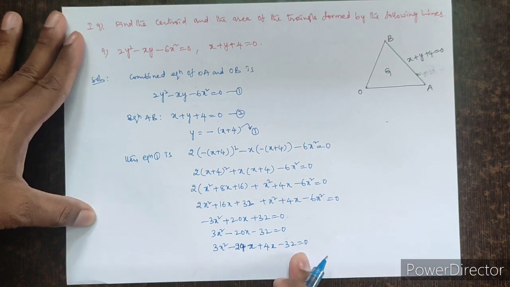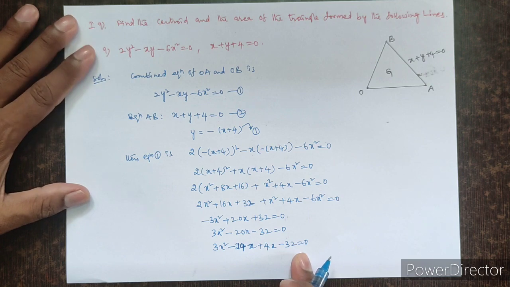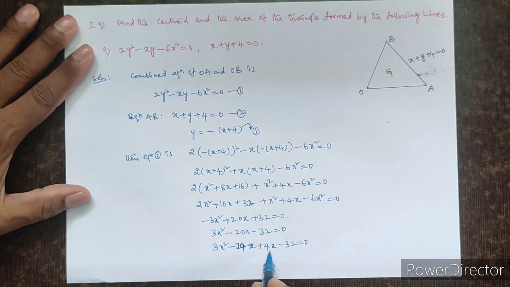So 32 times 3 is nothing but 96. 24 into 4 is 96, and minus 24 plus 4 is nothing but minus 20x.